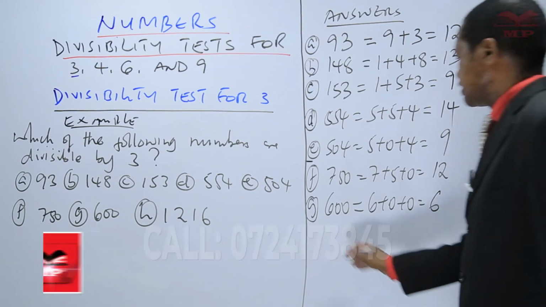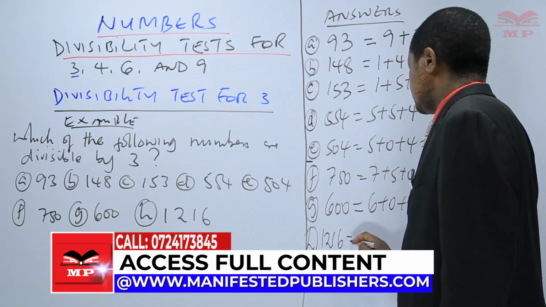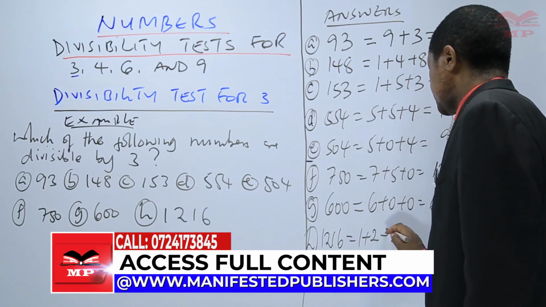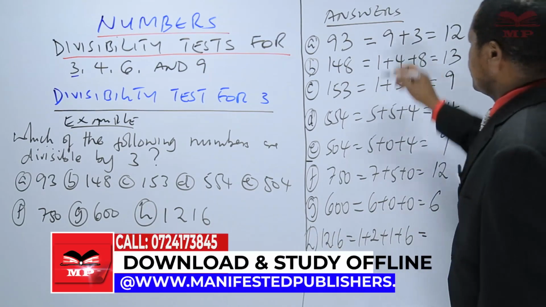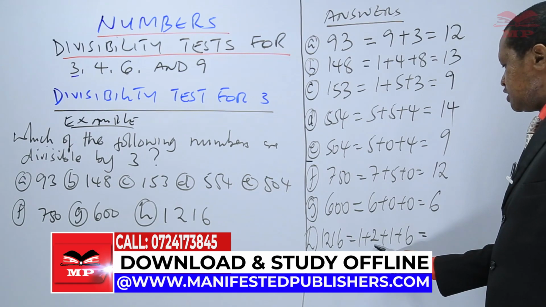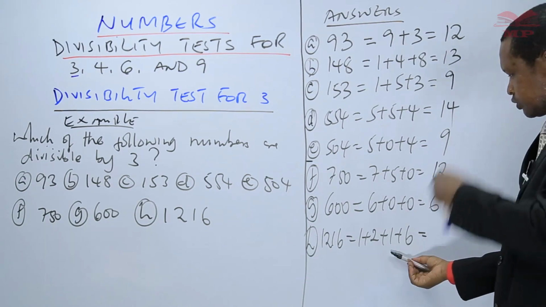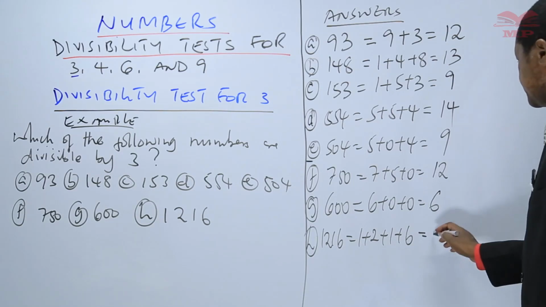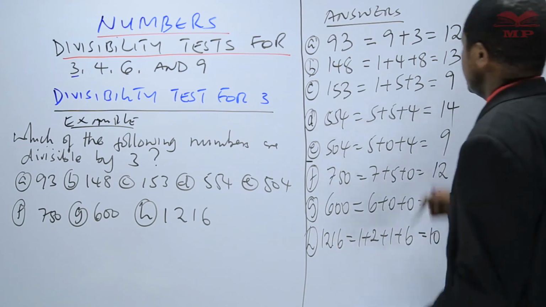Then lastly, H, 1216, is equal to 1 plus 2 plus 1 plus 6. 1 plus 2 is 3. 3 plus 1 is equal to 4. 4 plus 6 is 10.